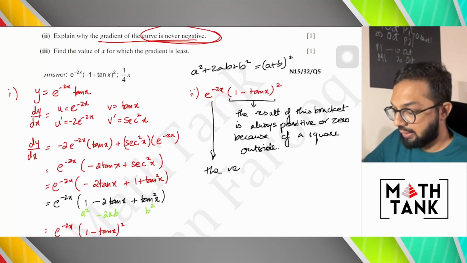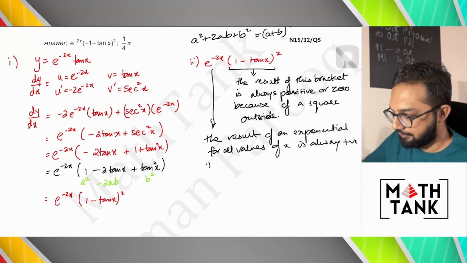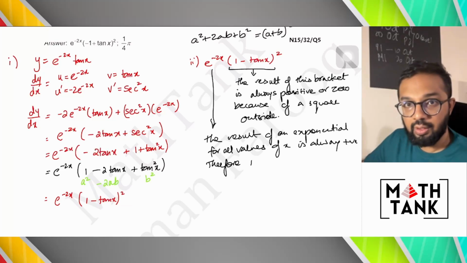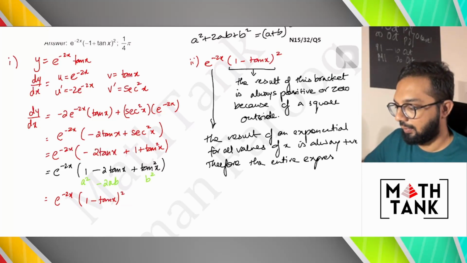The result of an exponential for all values of x is always positive. Therefore, the entire expression for dy by dx is always positive.